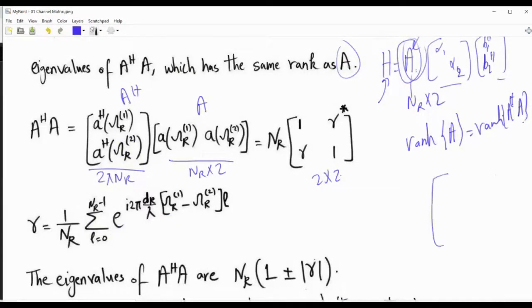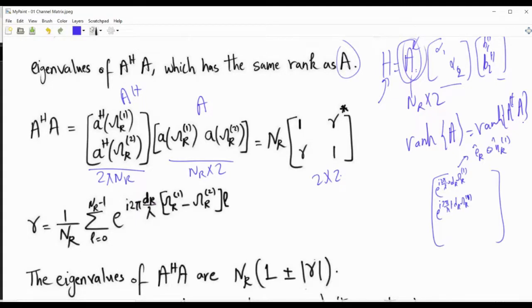A itself looks like this. It has 2 columns. It has e to the i 2 pi over lambda 0, and then we have dr, and then we have omega r1, which is the dot product of ER, the direction of the receive array, and UR1, the incident direction of the first path from the first scatterer. And this one here will be e to the i 2 pi over lambda 1, then dr omega r2 omega r1 also.